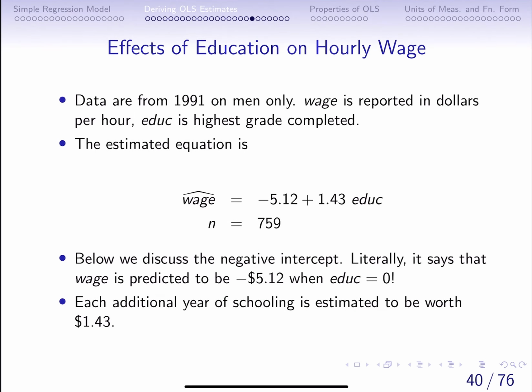an example. Okay, so we're running with that same example of education, the effect of education on wages, and I took some data and I basically estimated the relationship. Here education refers to the highest grade that was completed, and wage is reported in dollars.